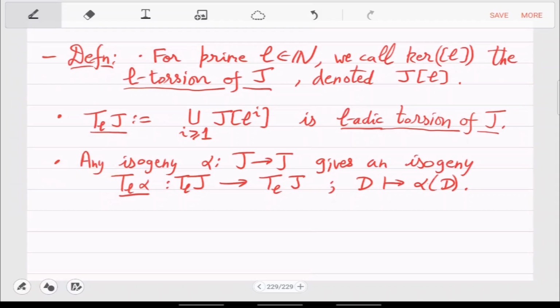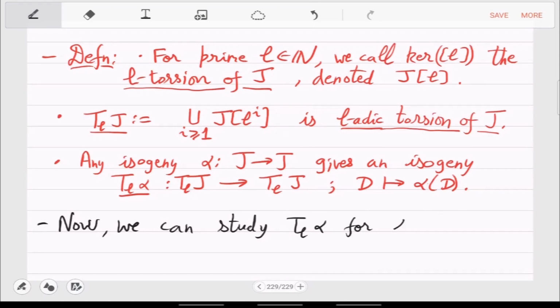And what Weil showed is about TL alpha for alpha which are combinations of the Frobenius and numbers, right?